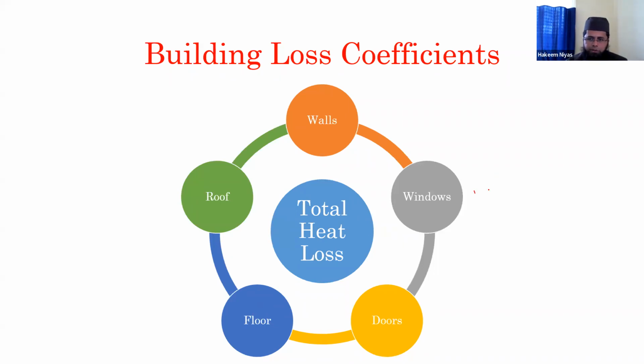Normally, through windows, doors, floor, roof and walls, these are the different mediums through which the accumulated heat or accumulated chillness may get lost to the outside environment. So these should be chosen carefully and wisely to avoid heat losses.